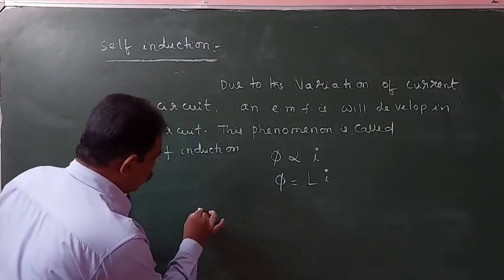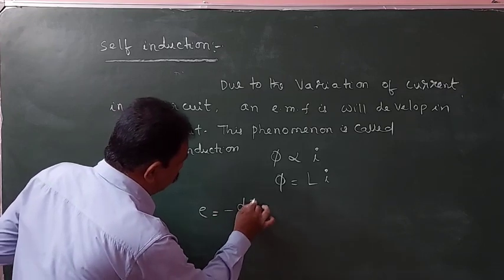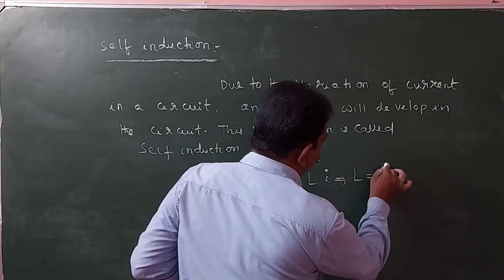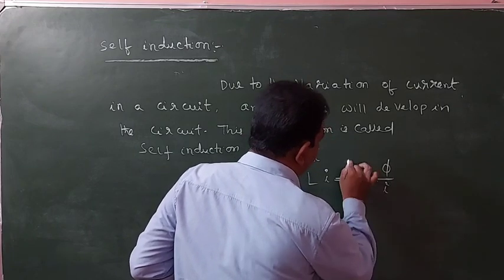And we know the formula E is equal to minus d phi by dt. From this, L is equal to phi by I.